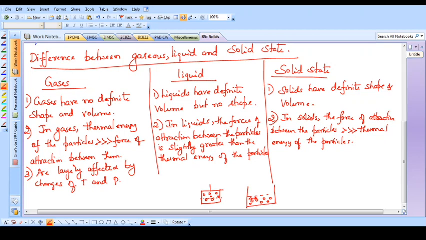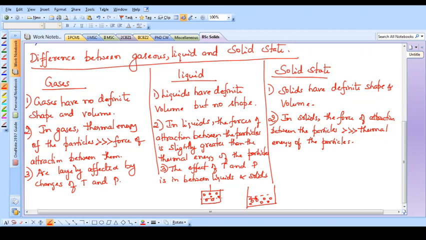Whereas in the case of liquids, the effect of temperature and pressure is in between gases and solids.